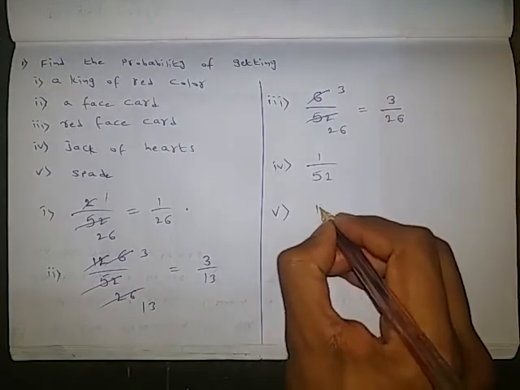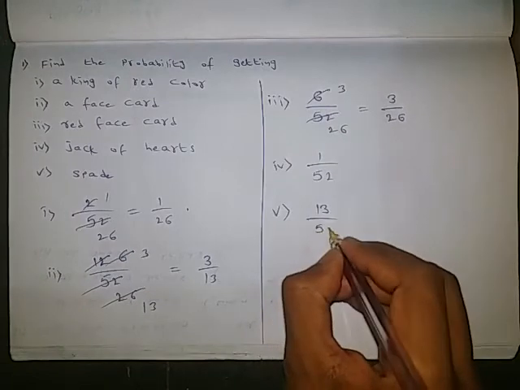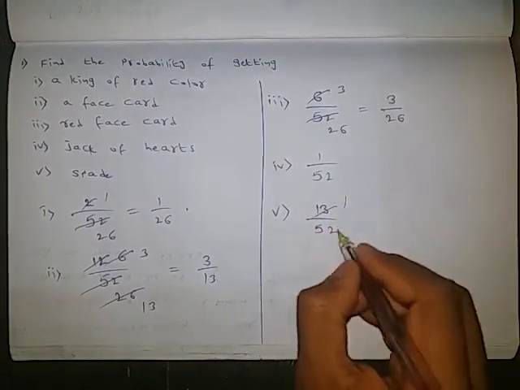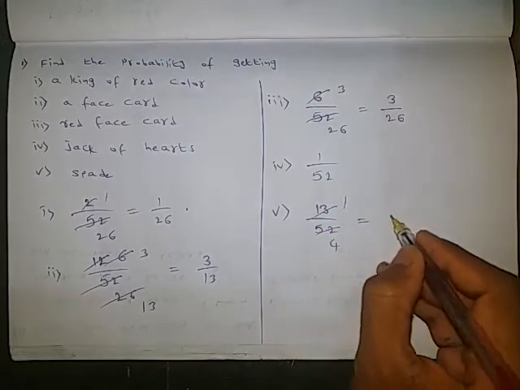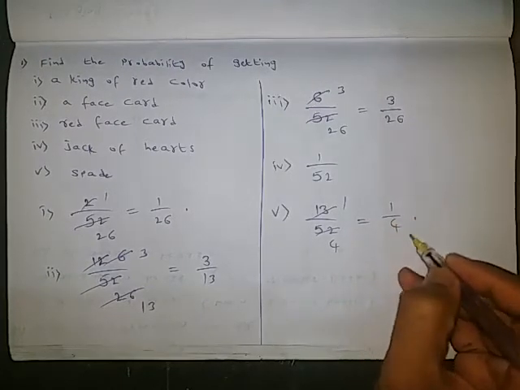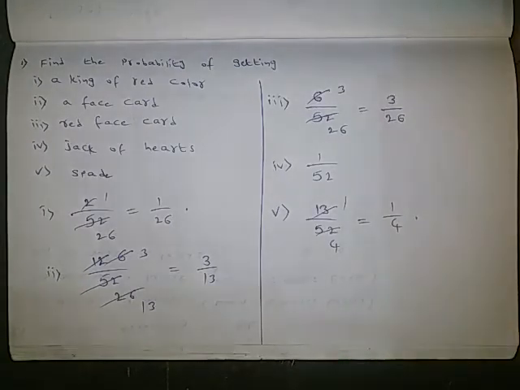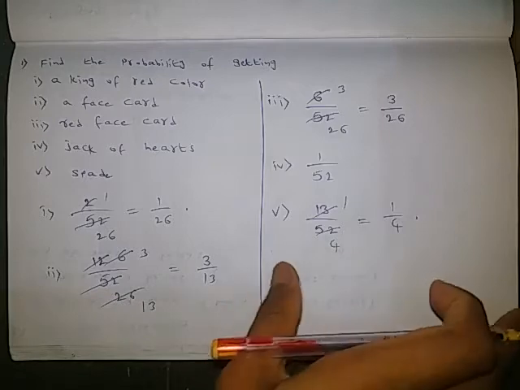So number of spades is 13 divided by total number 52. 13 ones are 13, 13 fours are 52. So the probability of getting a spade is 1 by 4. Okay, now let's move to the next question.